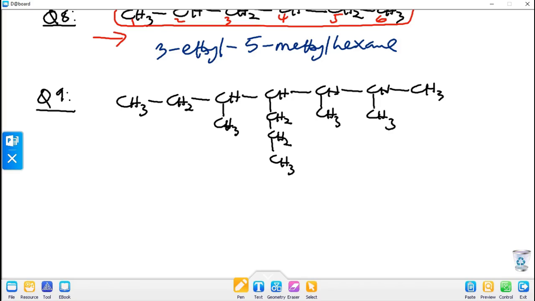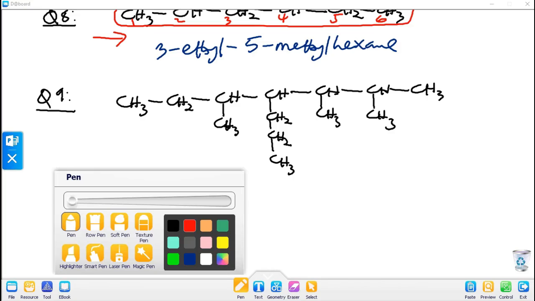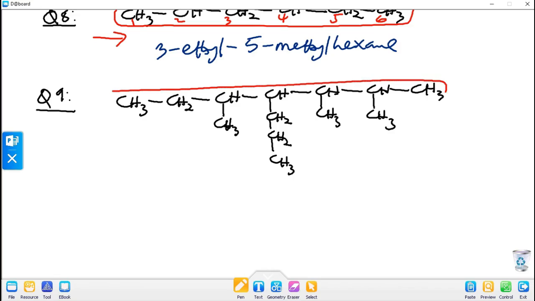Now, looking at what we have there, the next thing that comes to mind is what will be our parent chain. Now, a student may choose to go this way, straight. You may choose to go straight, and then every other thing outside that parent chain becomes your side chain.